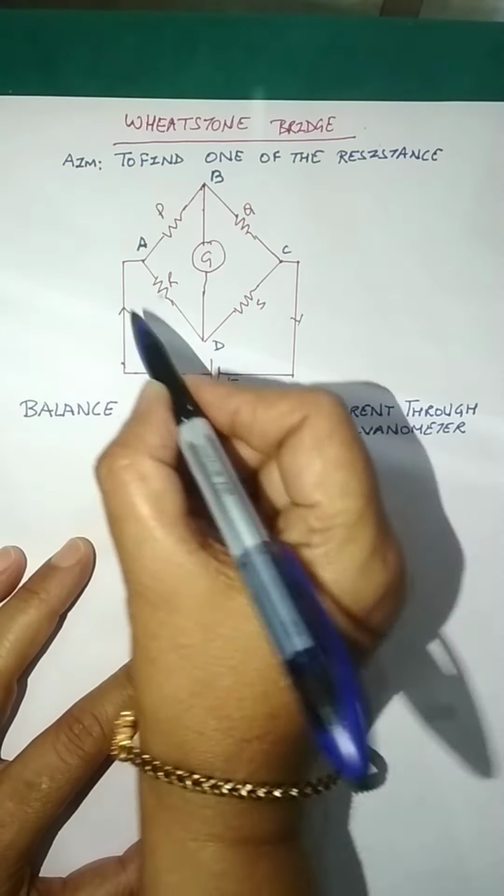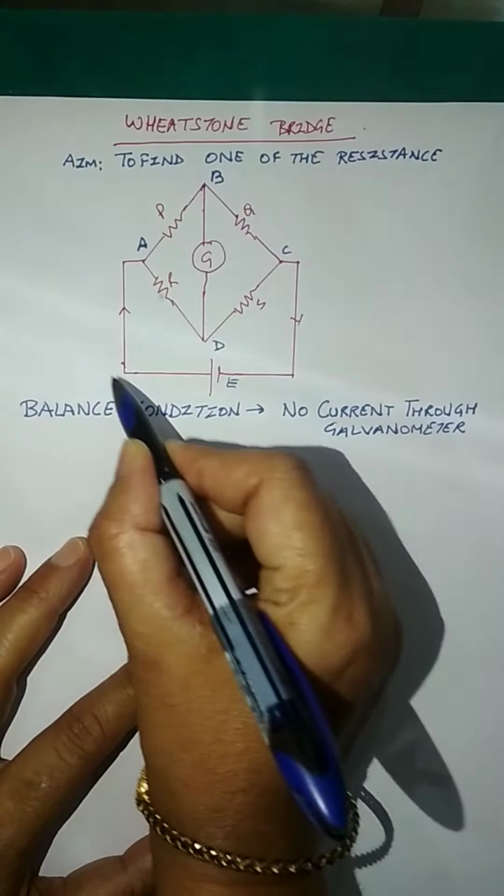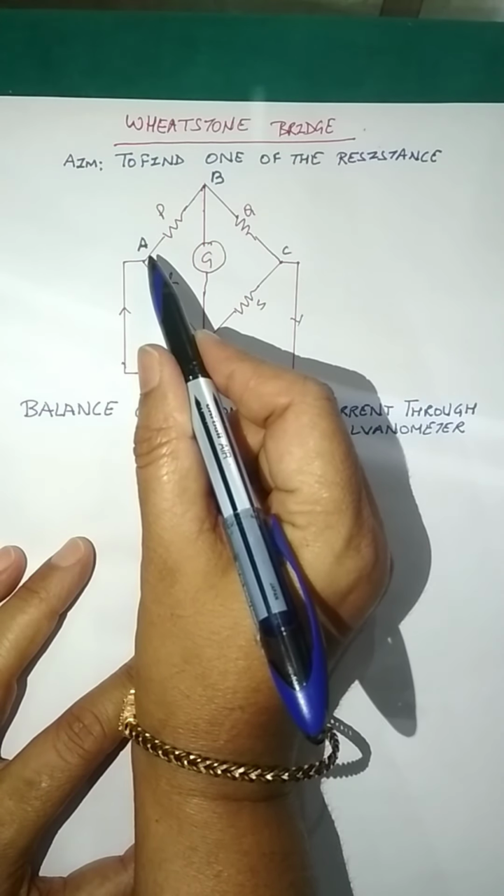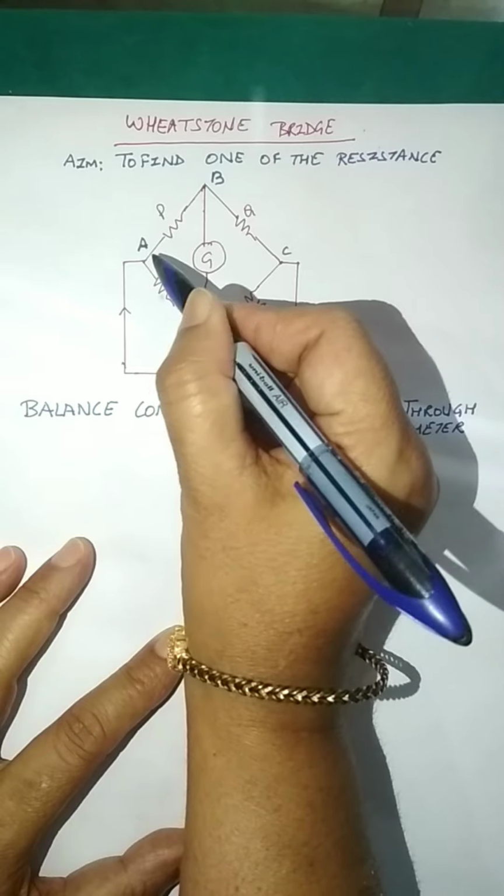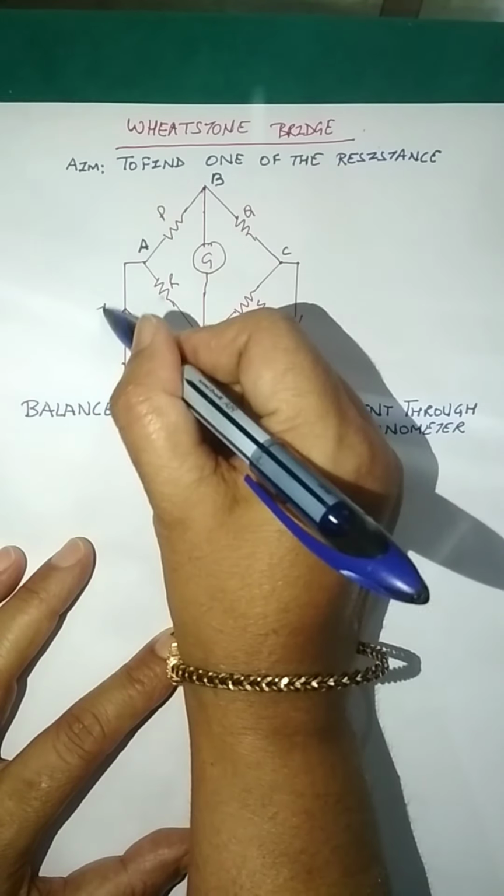So let's say that the current started from the positive of the battery and it reaches the junction A. As you can see, it reaches the junction A, that means the current I will divide.